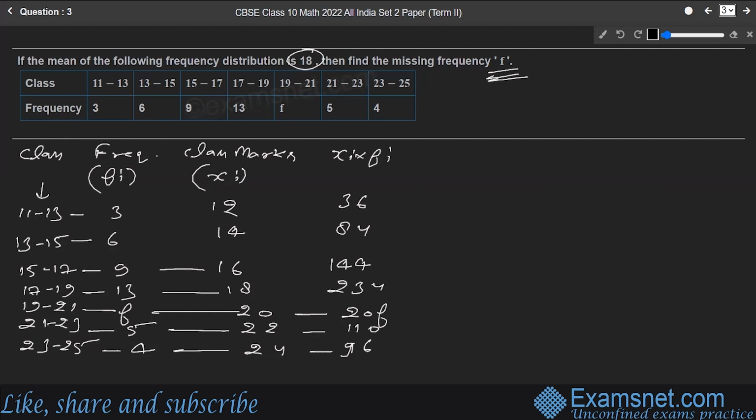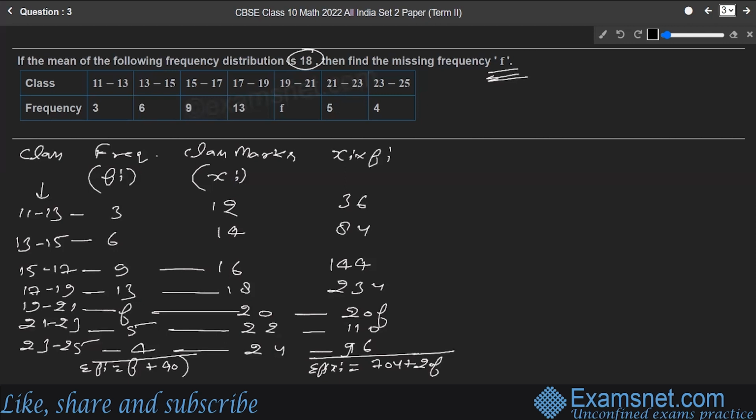So this is the XiFi column. Let us do the summation of Fi. If I add all the frequencies, it comes out to be F plus 40. If we do the summation of FiXi, that is the sum of the last column, it's giving me 704 plus 20F, because F is still unknown.